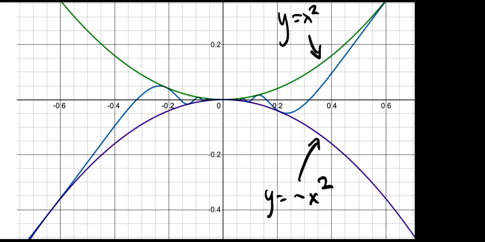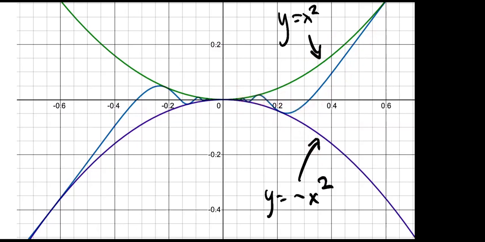And the two big functions, as x approaches 0 there, y approaches 0 for both of those. And so because this function is squeezed between those, it has to have the same limit.